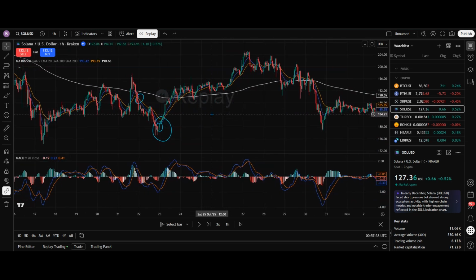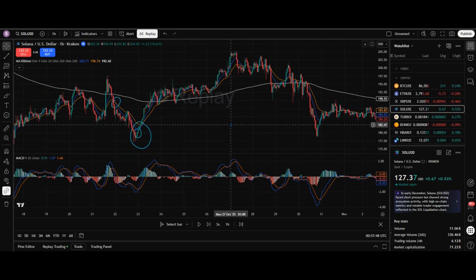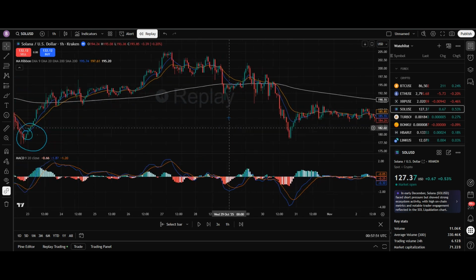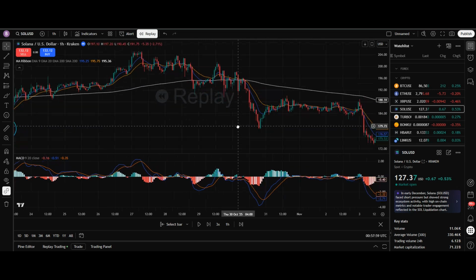But again, this is pretty much it. All of these things will look complicated the first time seeing them, but once you start to understand how these work, it'll definitely change the game for you when it comes to trading, because all of this is building blocks. So yeah, that's pretty much it.